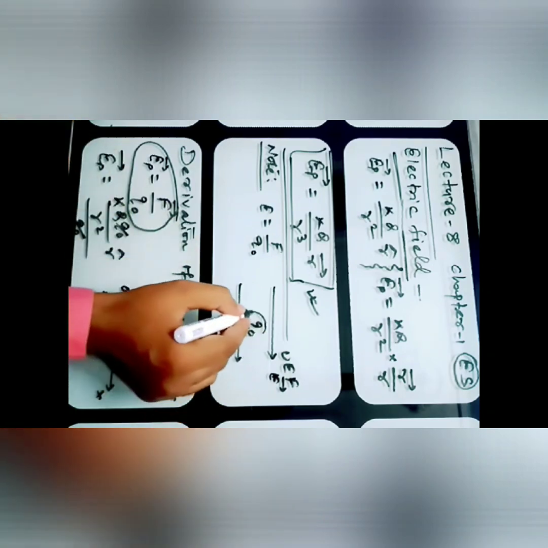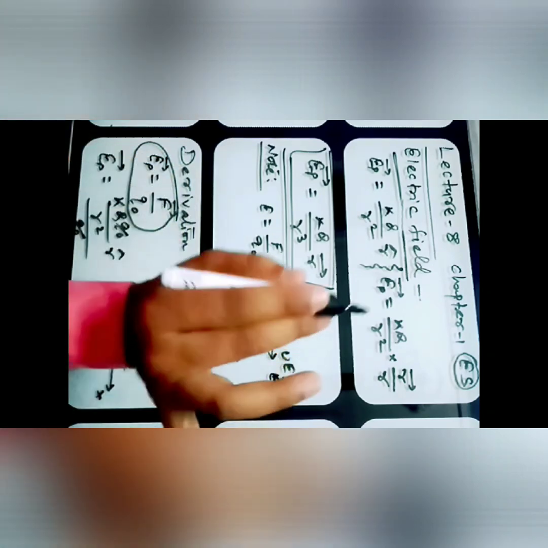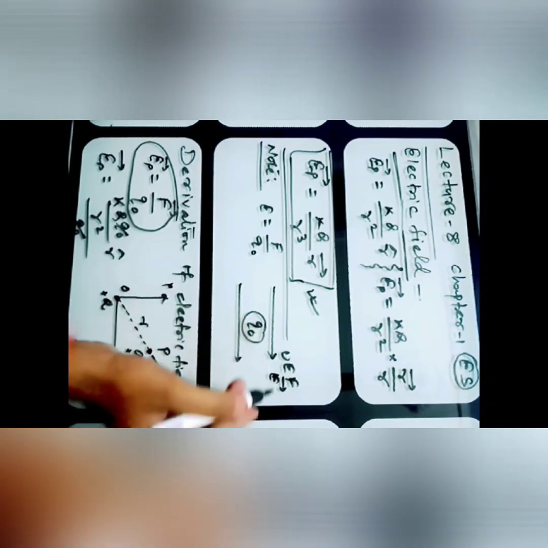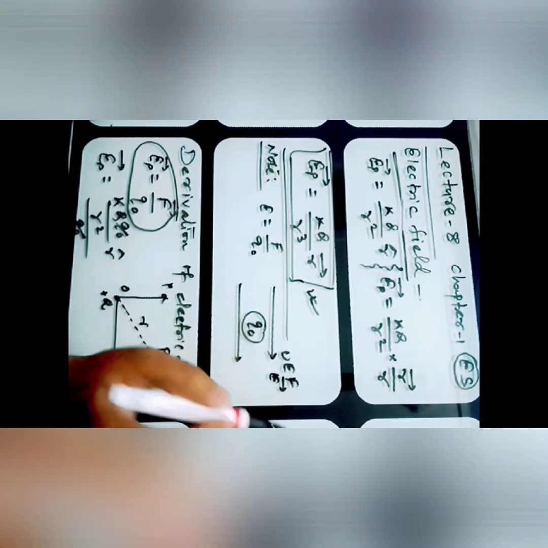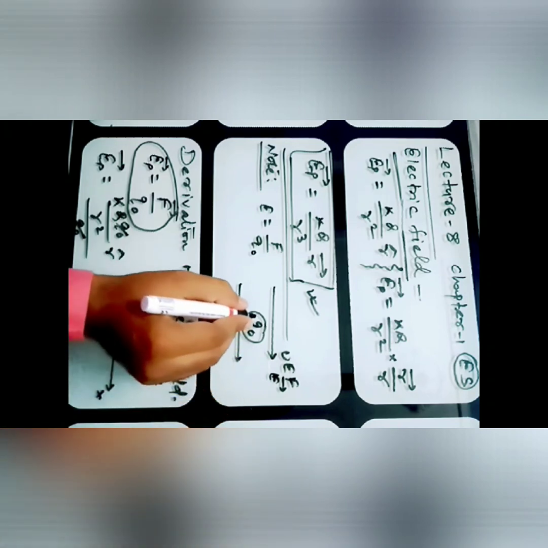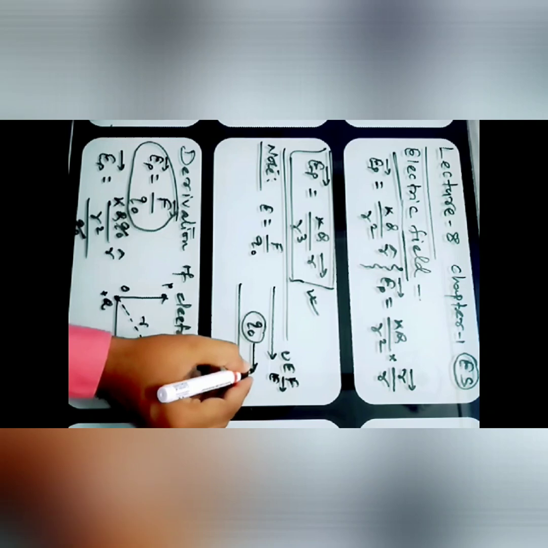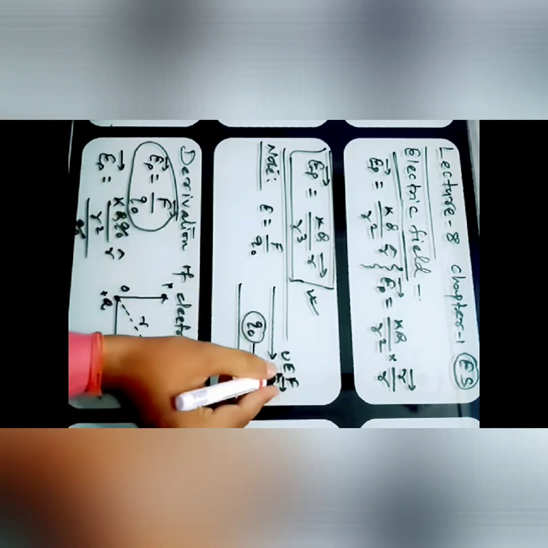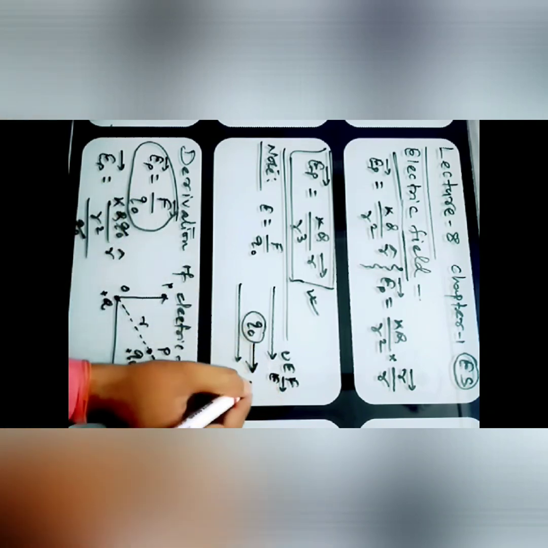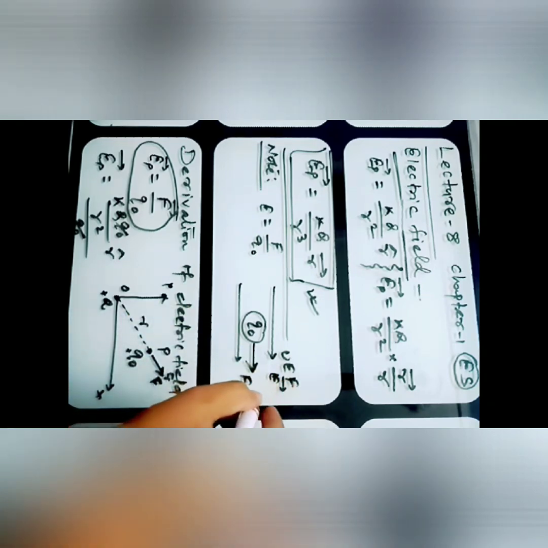What will happen? This test charge will start experiencing a force. If the direction of the electric field is this way, then a positive charge will always move in the direction of the field. It will experience a force in this direction only.